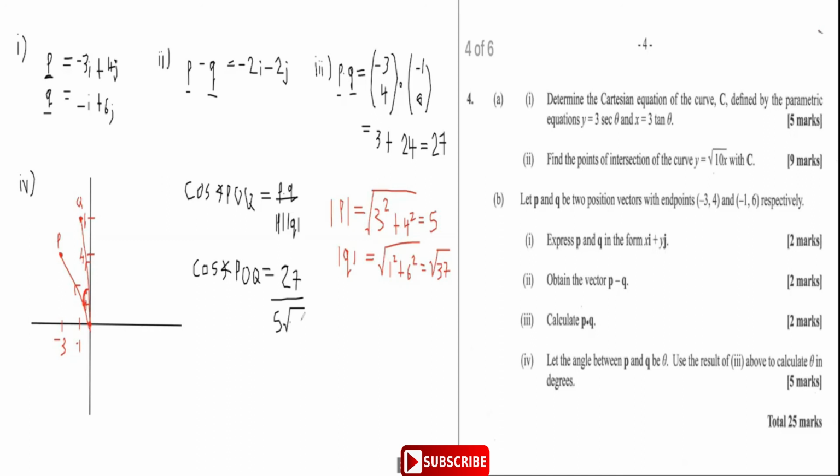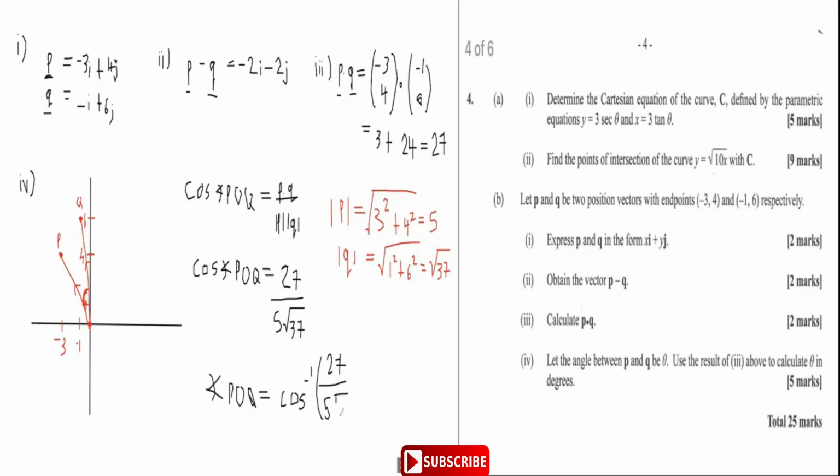But remember, we need the angle, so we're going to need to find cosine inverse now. So the angle POQ is cosine inverse of 27 over 5 times the square root of 37. So you put all of this in a calculator, and it depends.